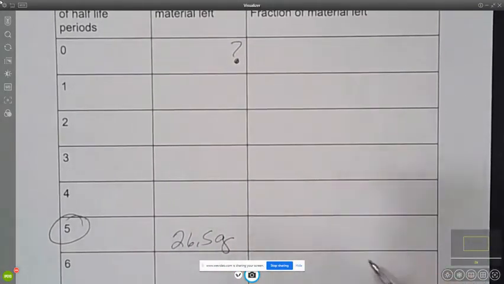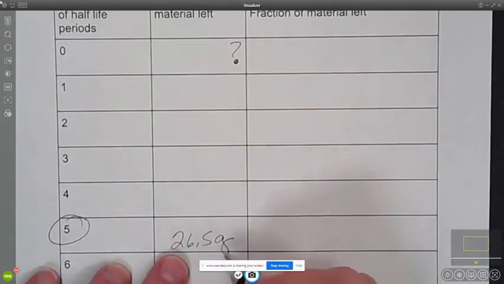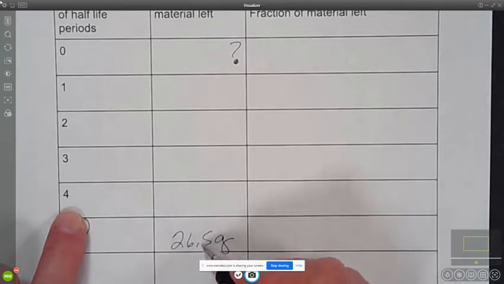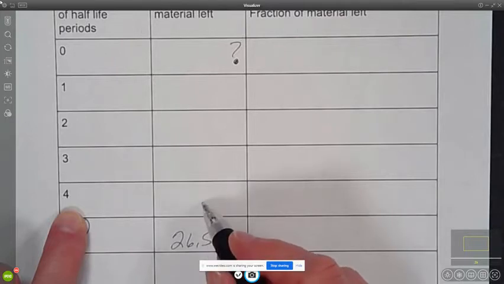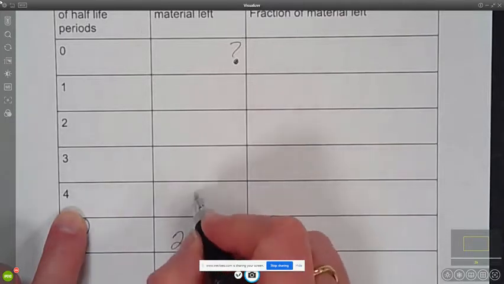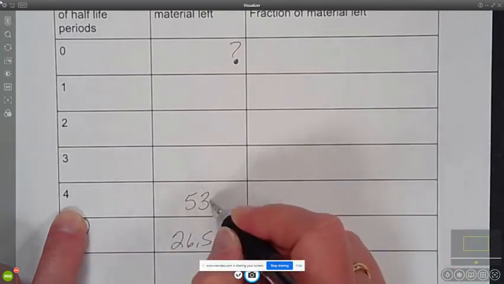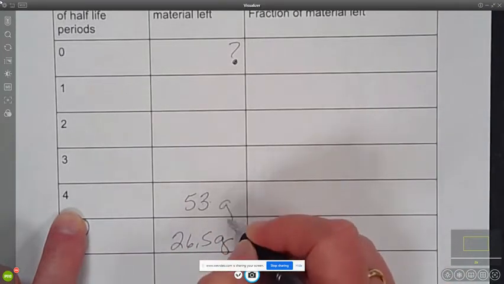So we're just going to go the other direction. If I've got 26.5 grams after 5 half-lives, how many did I have after 4 half-lives? Well, it's going to be double this material because this was half of what we had here. So if I double that, that's going to give me 53. So 26.5 times 2 is 53 grams.